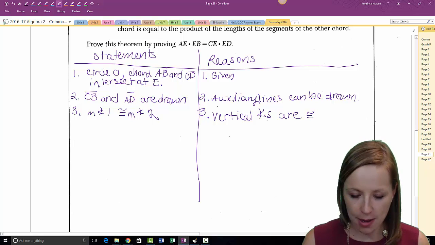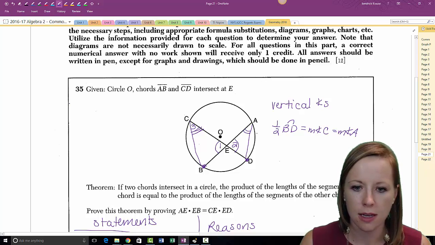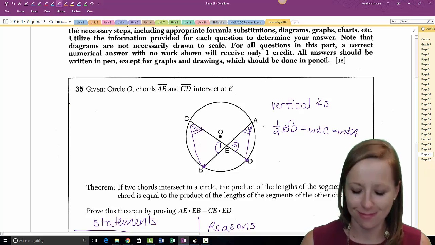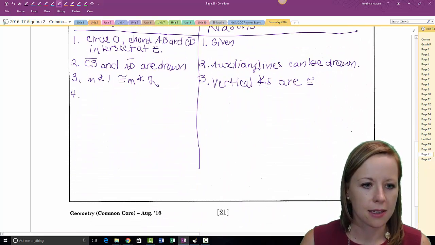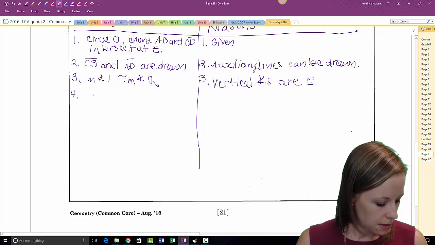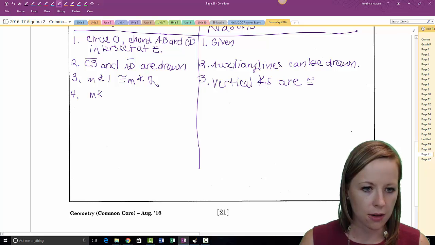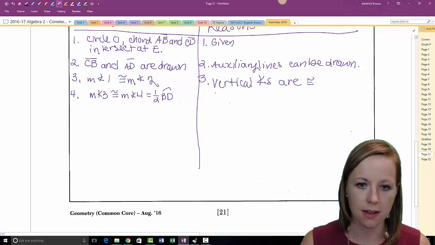Now I'm actually going to go back up here. I'm going to label these 3 and 4. Sneaky, huh? The measure of angle 3 is congruent to the measure of angle 4, which is equal to 1/2 arc BD, right?